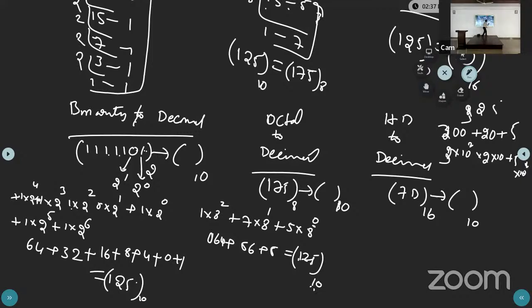And similarly, 7 into 16 power 1 plus D into 16 power 0. The D is the 13.